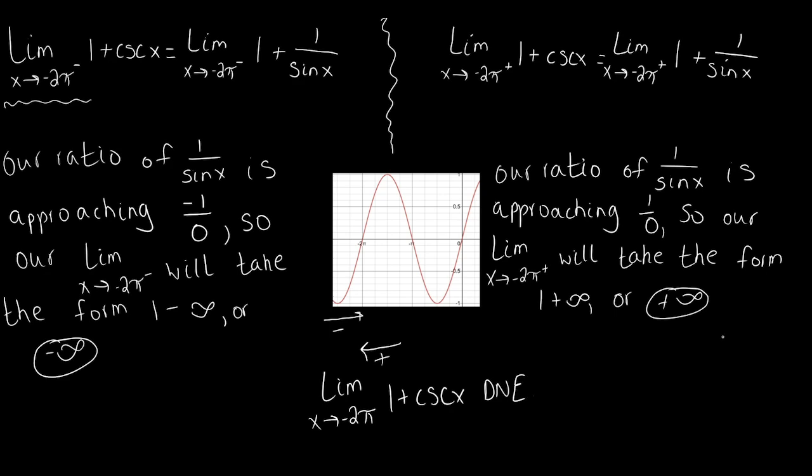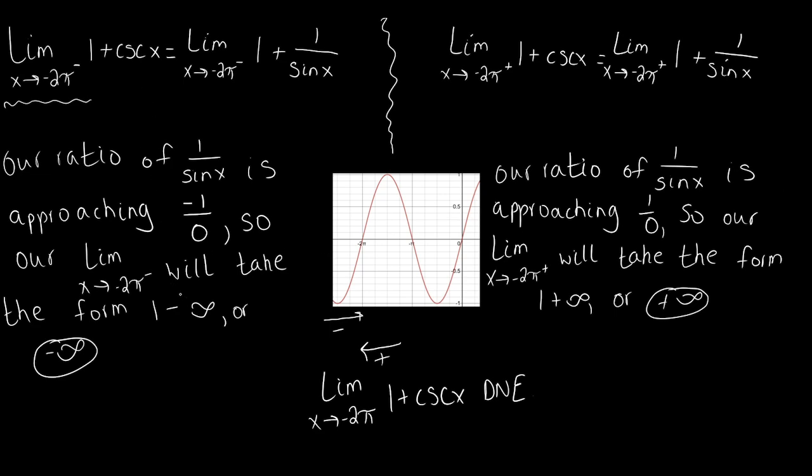Even though we are talking about the values of sine of x as x approached -2 pi from the left and the right, we were putting those values in the denominator of a fraction to return ratios that were approaching -1 over 0 and +1 over 0.